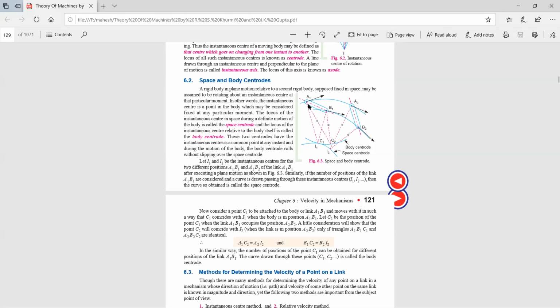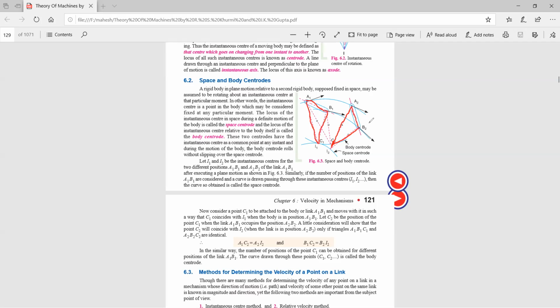If you want, I'll annotate this. You can see here A1, B1 and C1, this triangle is equal to A2, B2, C2.